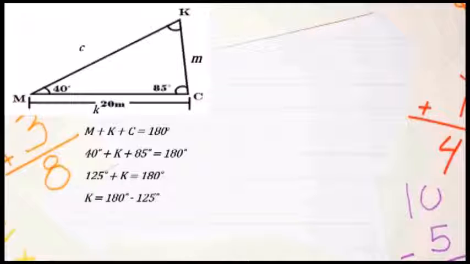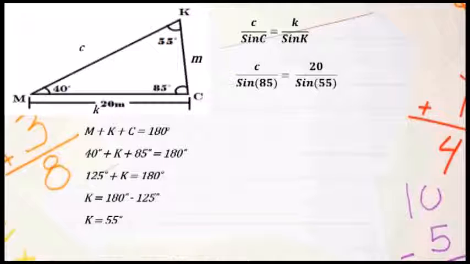Now k is equal to 180 minus 125. Therefore, k is 55 degrees. Now that we have the value of k, we can use the formula for the law of sine, c over sine c is equal to k over sine k. Now substitute the values to the formula.